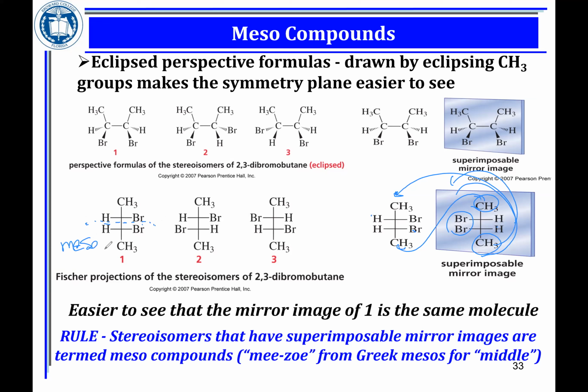And if it's a meso, the compound and its mirror image are identical, superimposable mirror images, and they are the same. So, meso compound.